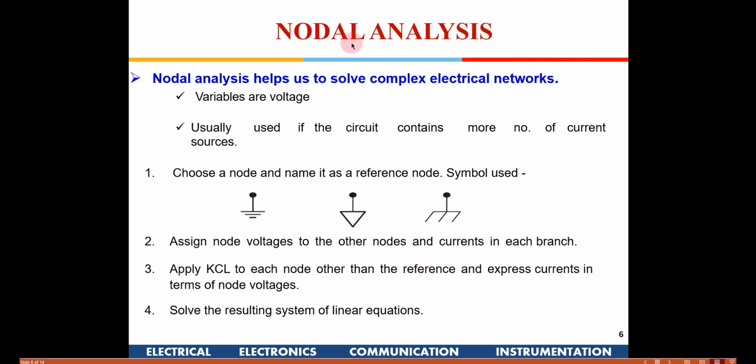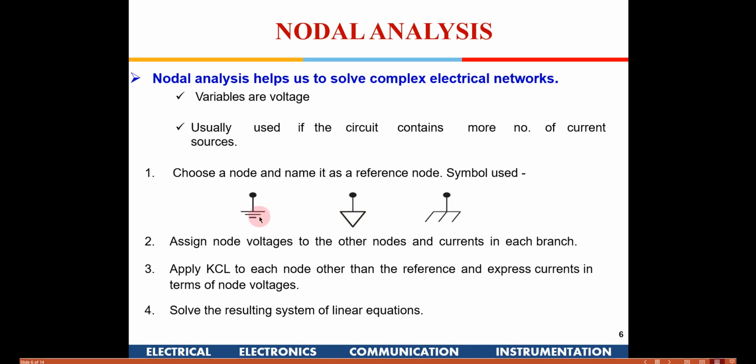Now coming to nodal analysis, here we are going to use KCL instead of KVL. At each of the nodes we are going to apply KCL, but before that we need to choose a reference node in the circuit, or assume one of the nodes is at ground potential.